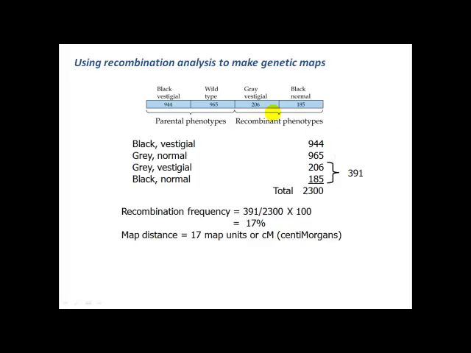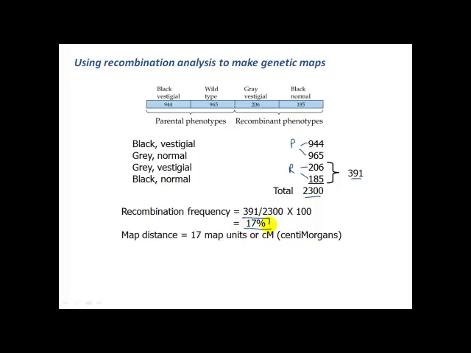Right? So using our numbers that we had in our previous cross, we had these black vestigial and gray/tan normal. These were our parental types that correspond to the phenotypes of our original parents. These new combinations of phenotypes are our recombinants. We add those up, get 391, divide by the total, multiply by 100, and that gives us a percentage.